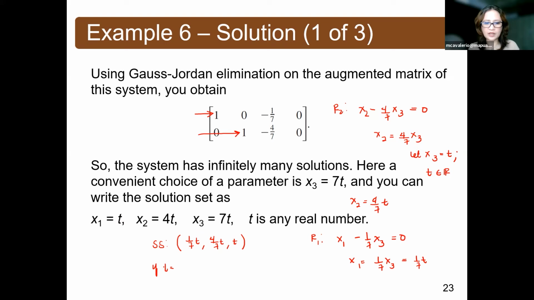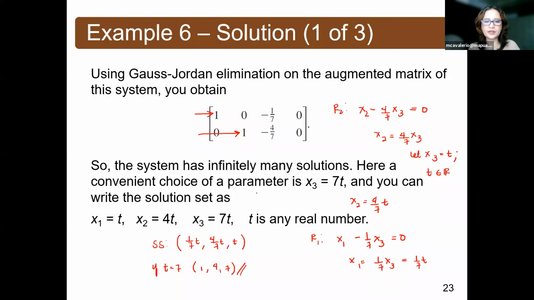If t is equivalent to 7, then you'll have the solution 1, 4, and 7. So depending on how you assign the value for your t, or depending on how you find the expression for your unknown variables, definitely the solution set is in terms of a parameter.